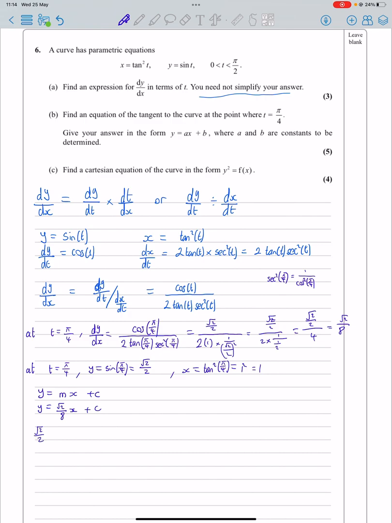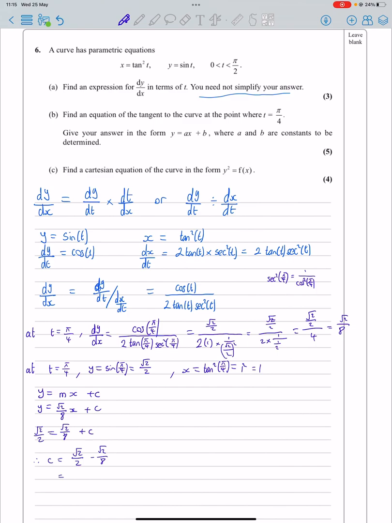So root 2 over 2 equals root 2 over 8 lots of 1, so that's just root 2 over 8 plus c. Therefore, c is equal to root 2 over 2 minus root 2 over 8. And if we make the denominators the same, what does that become?